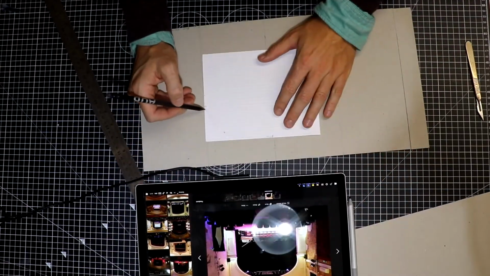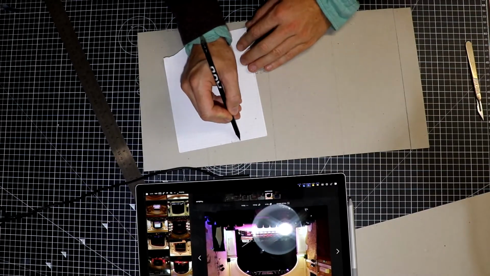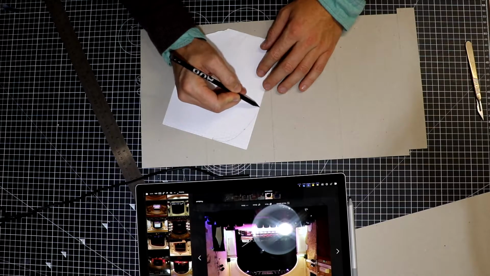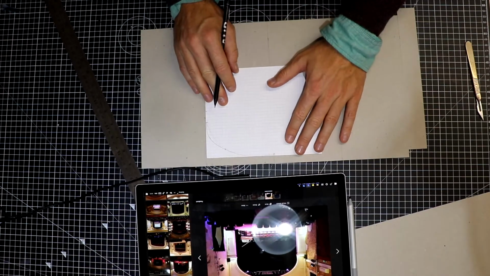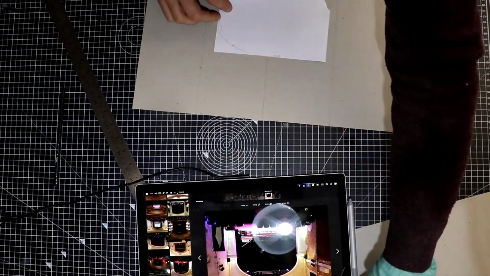So it does actually go up and then across, maybe a little bit more like that. Yeah, let's do that. Okay, so here I can carefully cut that around.